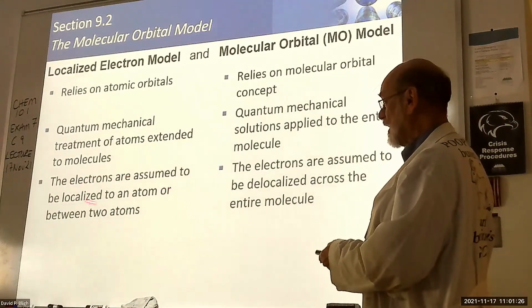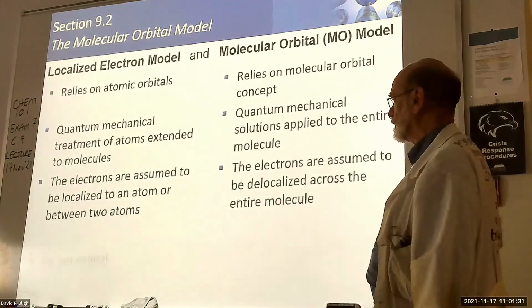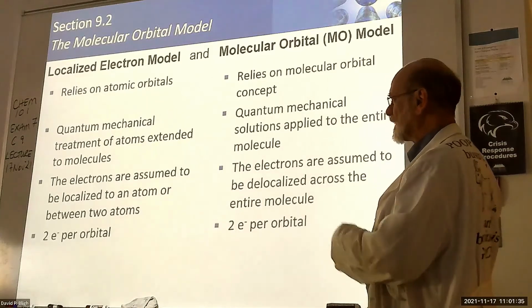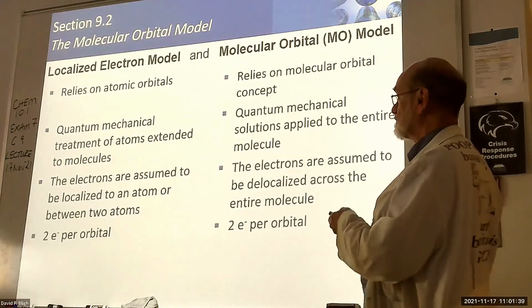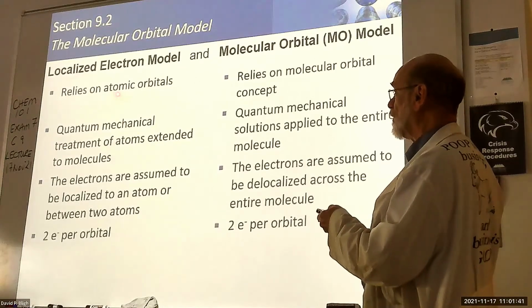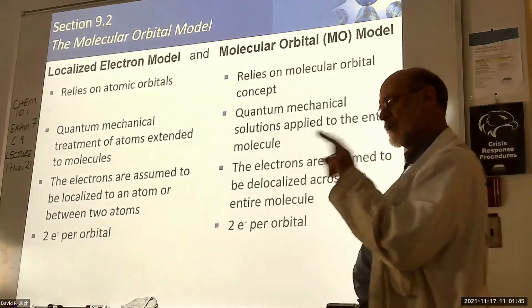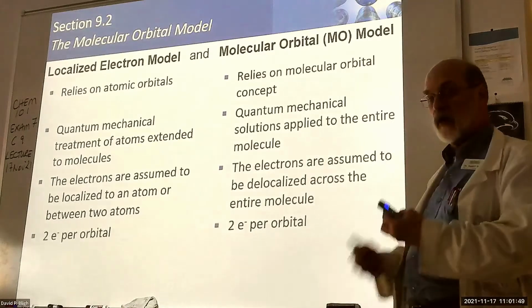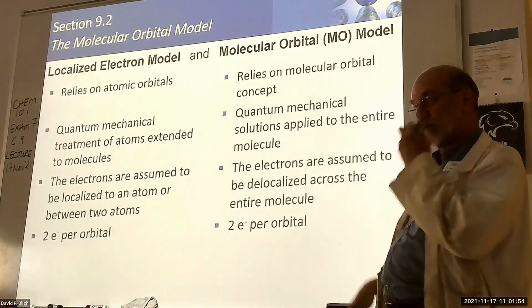So the electrons don't belong to anybody. They're delocalized across the entire molecule. We still have what we would consider 2 electrons per orbital, whether it's an atomic orbital overlap or a molecular orbital. You still only have 2 electrons in each one. And there are some other similarities in the way we fill the molecular orbitals with electrons.